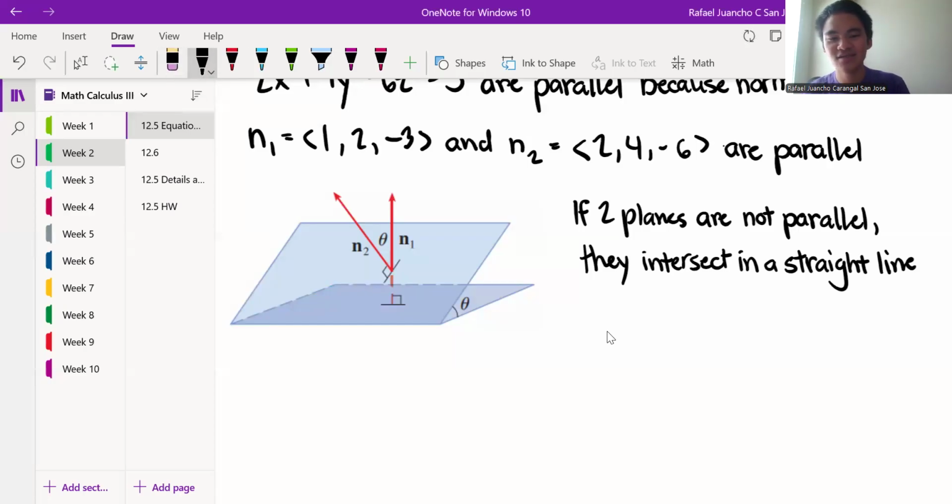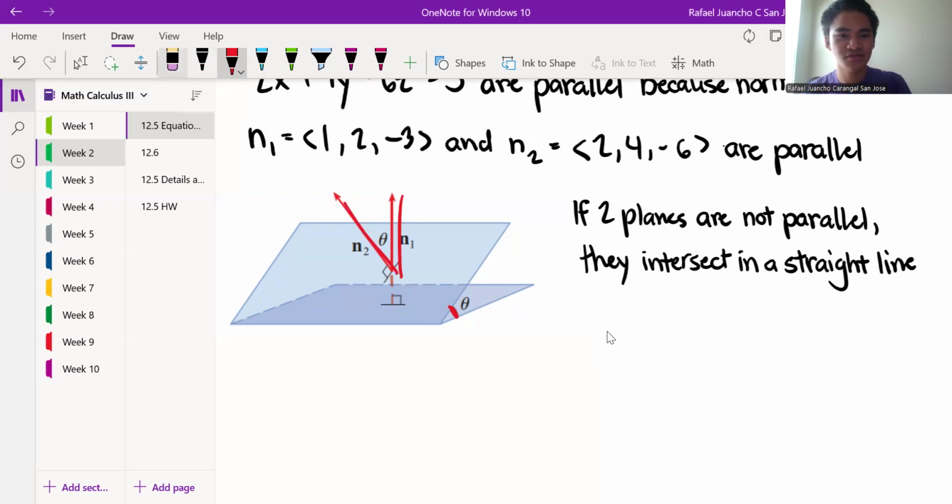And then what's interesting is that the angle between these two vectors, this theta, is actually the same as this theta right there. So that's interesting. So the angle between the two planes is defined as the acute angle, because it's less than 90 degrees, between their normal vectors.